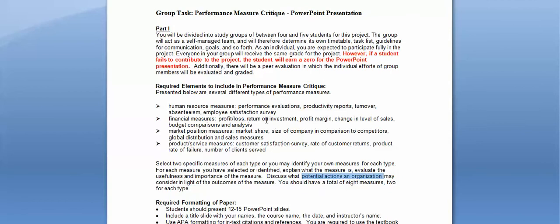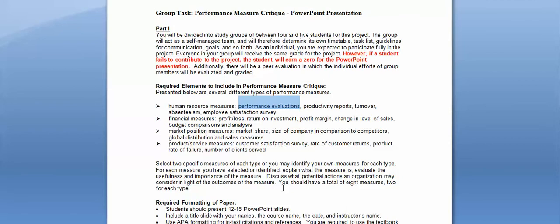But let's use an example. For example, let's say that under human resource measures, we are talking about performance evaluations. Then you would identify and explain what a performance evaluation is, why it's useful, and the importance of that measurement to any organization.